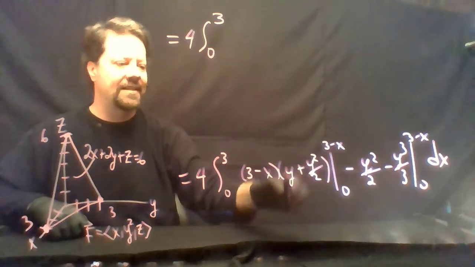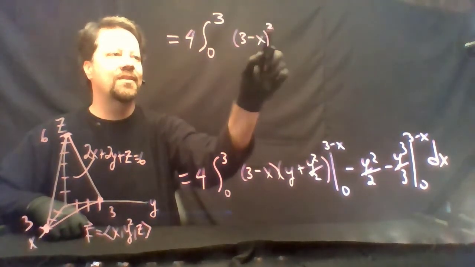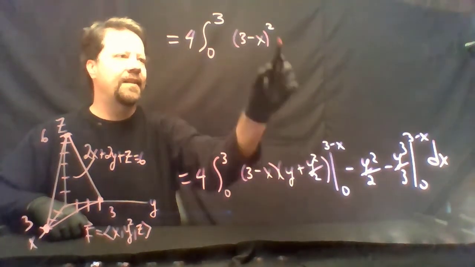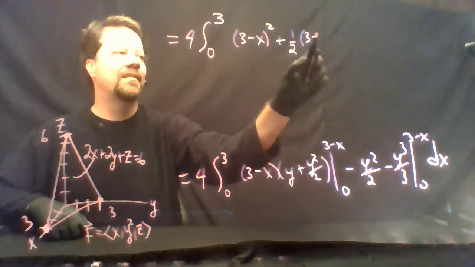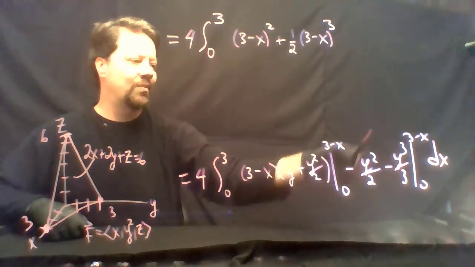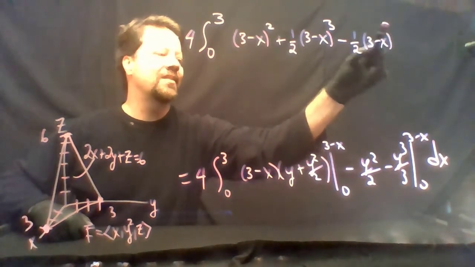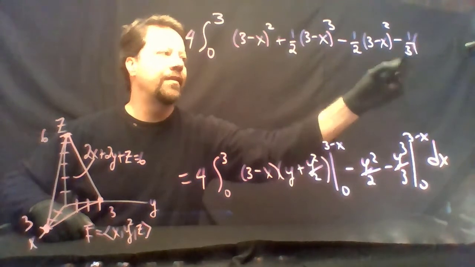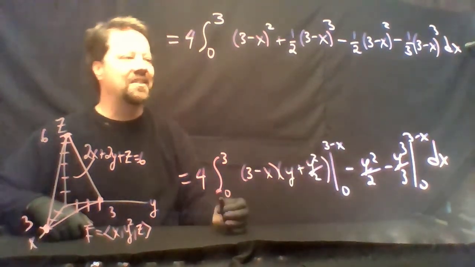Plugging in 3 minus x and distributing, we'll have 3 minus x squared, and then plus 1/2 3 minus x cubed. We get minus 1/2 3 minus x squared minus 1/3 3 minus x cubed, all times dx.